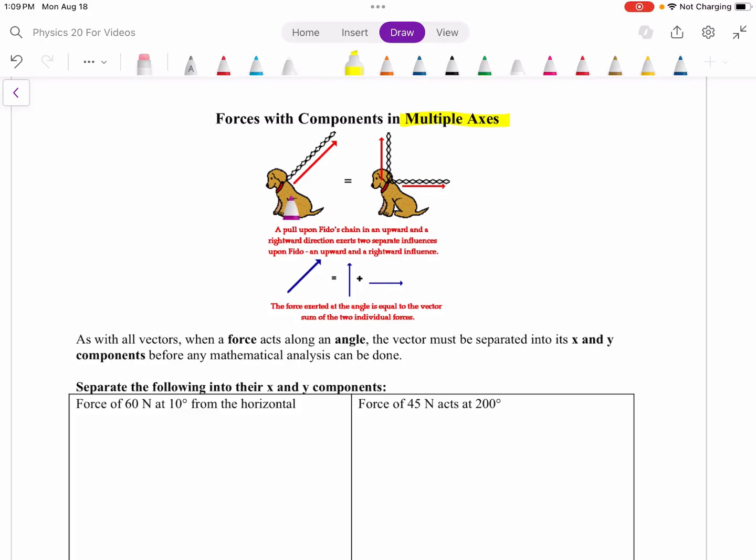So if we were to pull on this dog's leash, kind of uppy and righty, it has two components in the x and the y axis. We are pulling it up and we are pulling it right. We could call that Fx and Fy. It's just the rightness and the upness of this force where we're pulling at an angle.